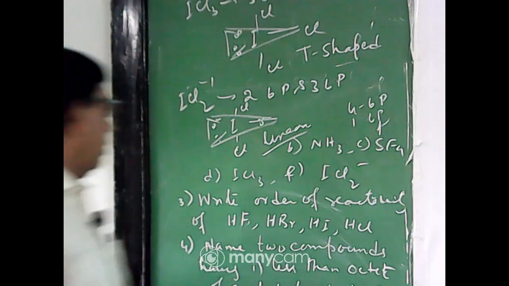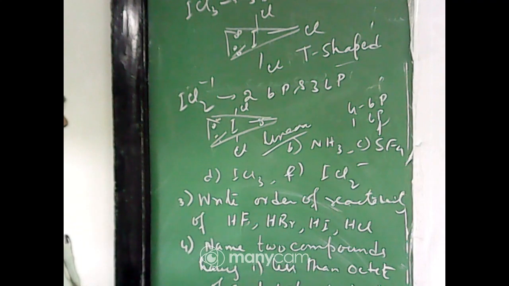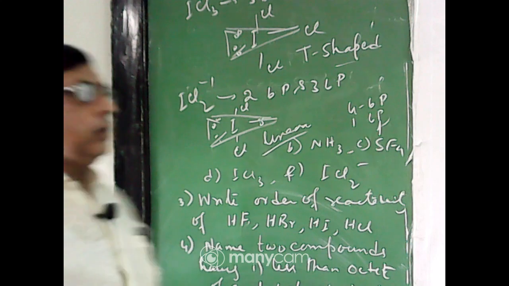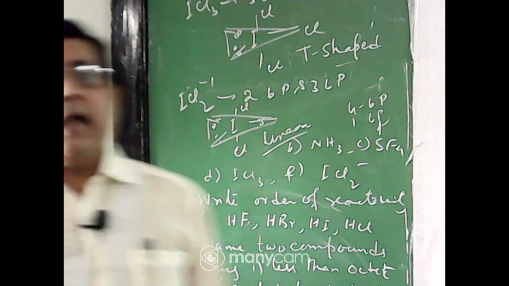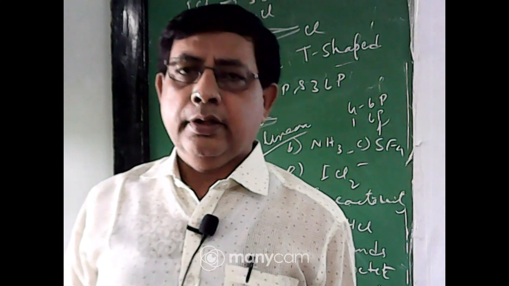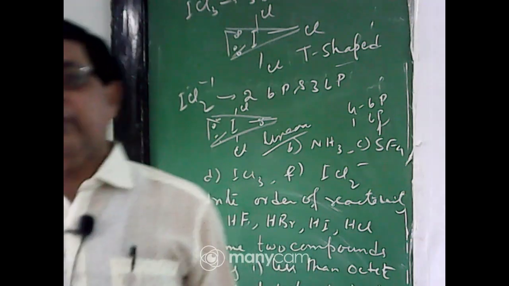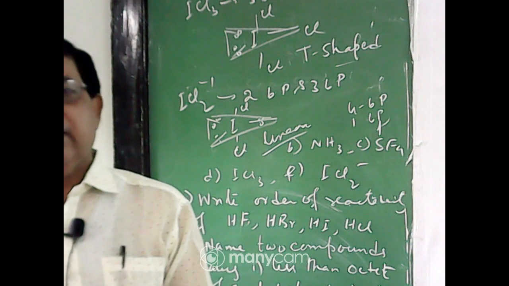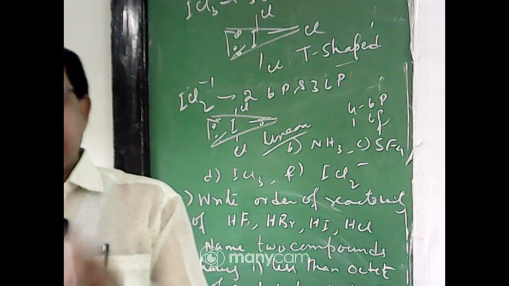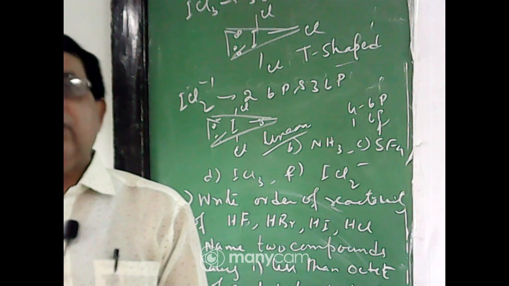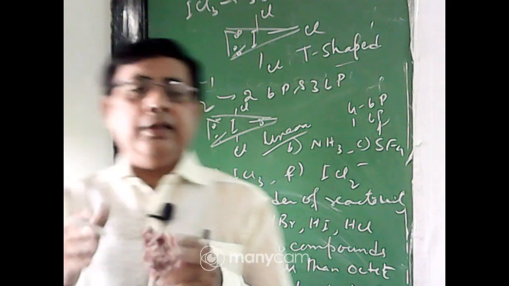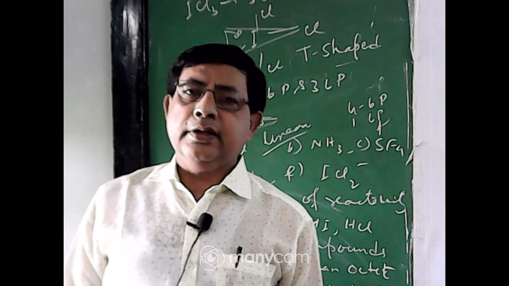Now write the order of reactivity of HF, HCl, HBr, HI. You know, down the group, the size of the halogen atom increases. If the size of the halogen atom increases, the bond length will increase. Due to the increase in bond length down the group, bond strength will decrease. So the bond can easily dissociate to take part in a chemical reaction.